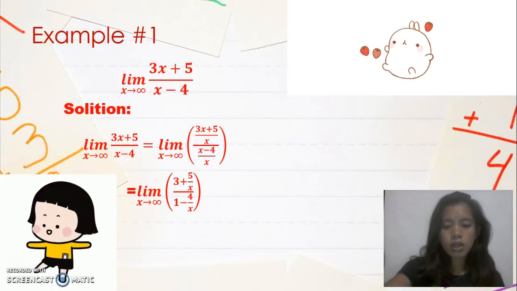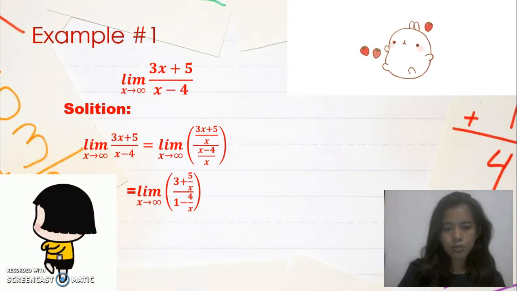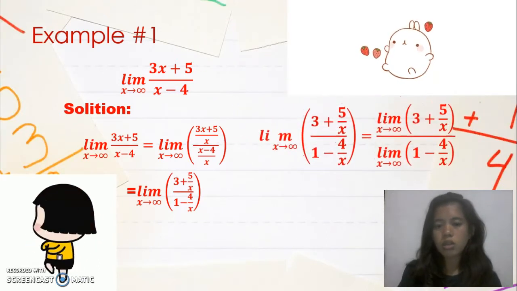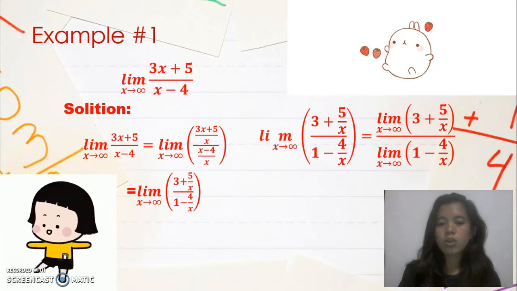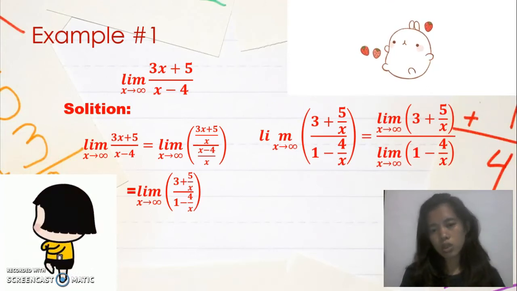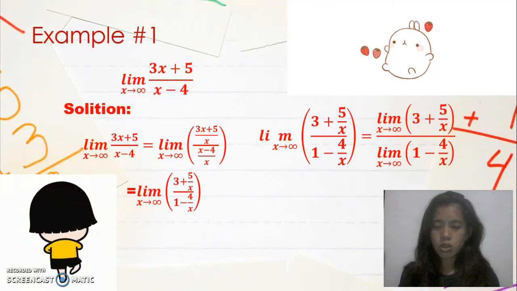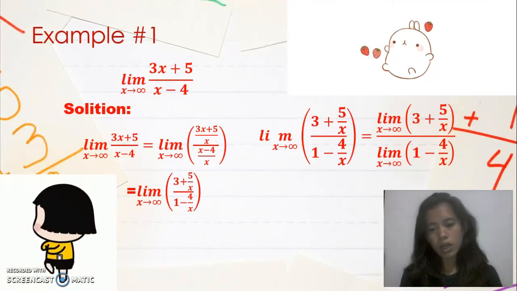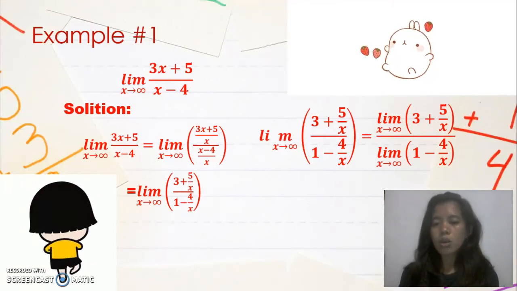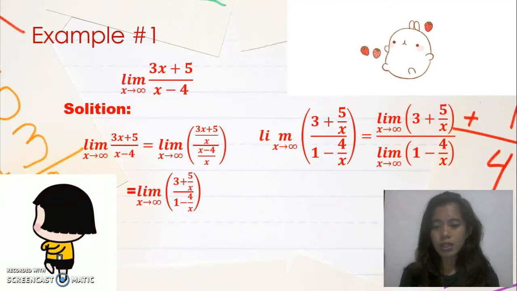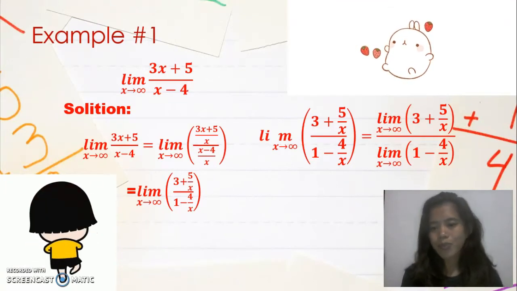Now we can evaluate the limit of the top and the limit of the bottom. So here, the limit of (3 plus 5 over x) all over (1 minus 4 over x), as x approaches infinity, equals the limit of 3 plus 5 over x as x approaches infinity, all over the limit of 1 minus 4 over x as x approaches infinity.